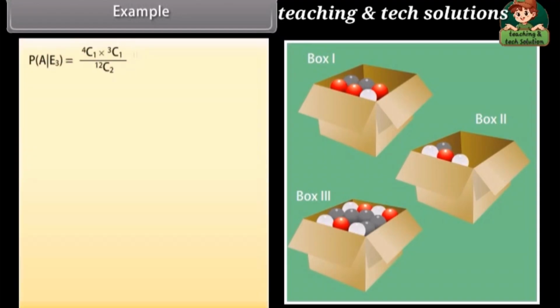The probability of selecting the balls when box 3 is chosen is equal to 4C1 into 3C1 by 12C2, which is equal to 4 into 3 by 66, which is equal to 2 by 11.